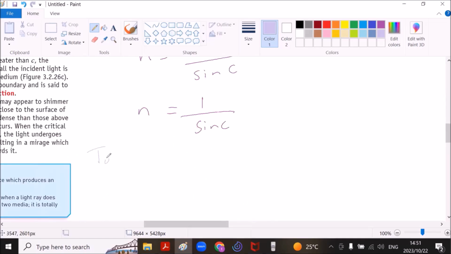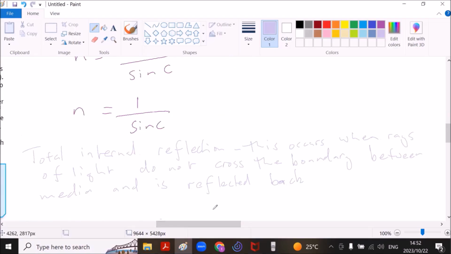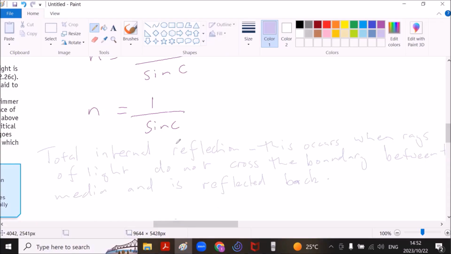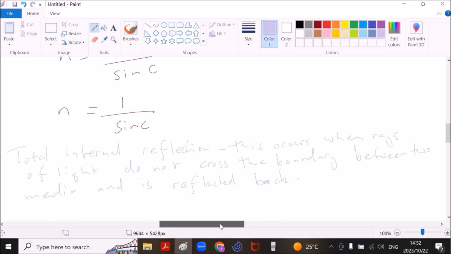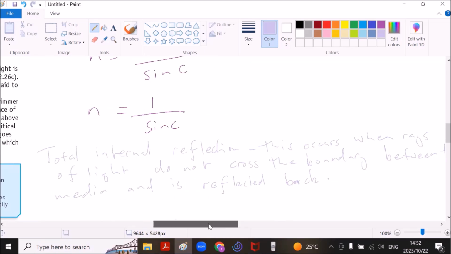So we have total internal reflection. This occurs when rays of light do not cross the boundary between two media and is reflected back when the angle of incidence is greater than the critical angle. Okay, that is total internal reflection.